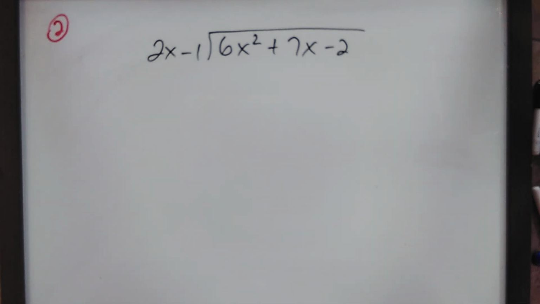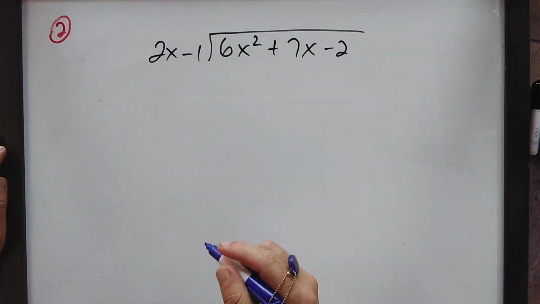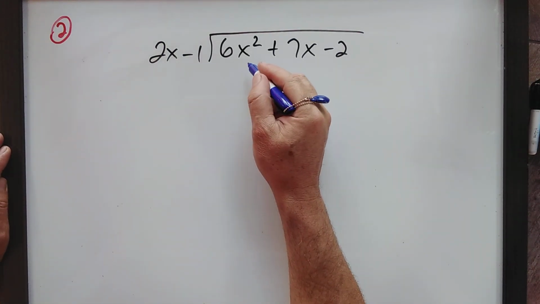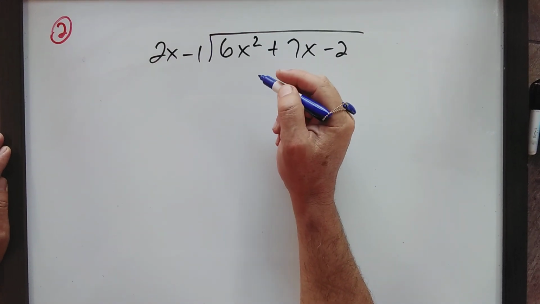Okay, so this is our second example. Let's do it again. We divide the first term inside the box by the first term outside the box. The first term in the dividend divided by the first term in the divisor.